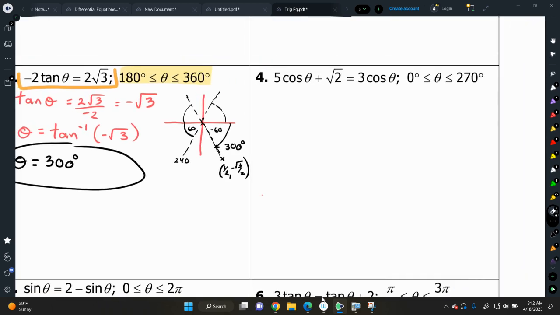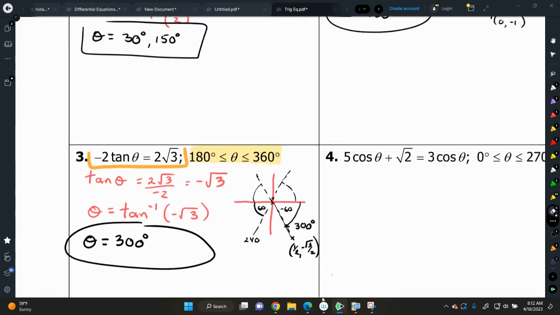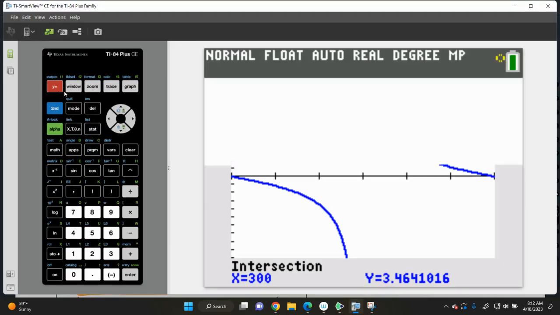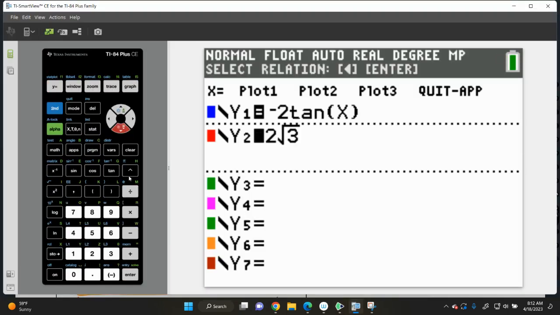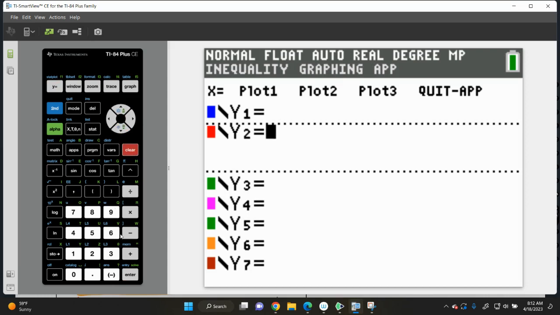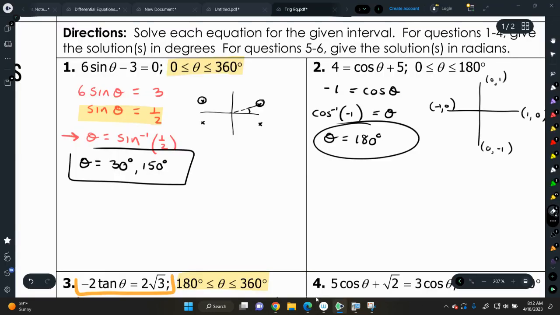So could you do that for all of them? Like, if you got theta equal inverse tangent? Sure. Yeah, so if we look at this one, 6 sine theta minus 3 equals 0. Okay. 6 sine theta minus 3, was it?